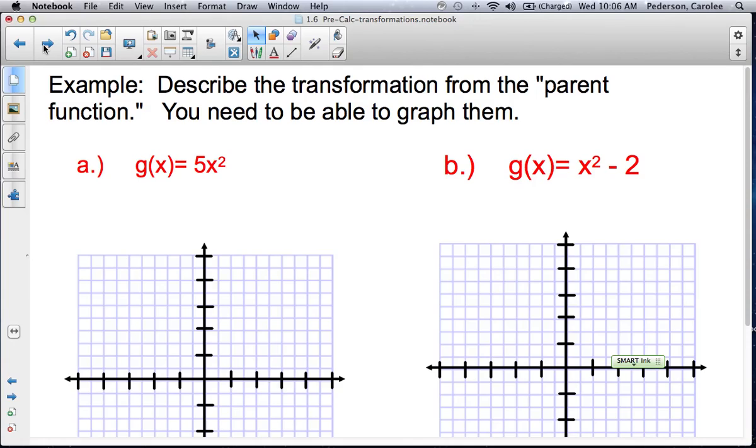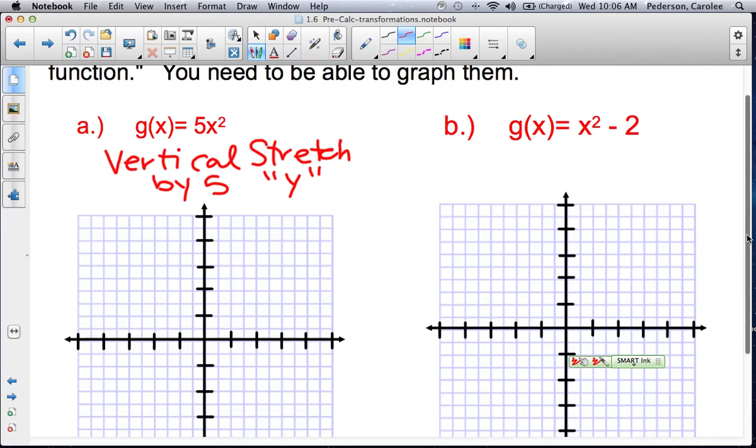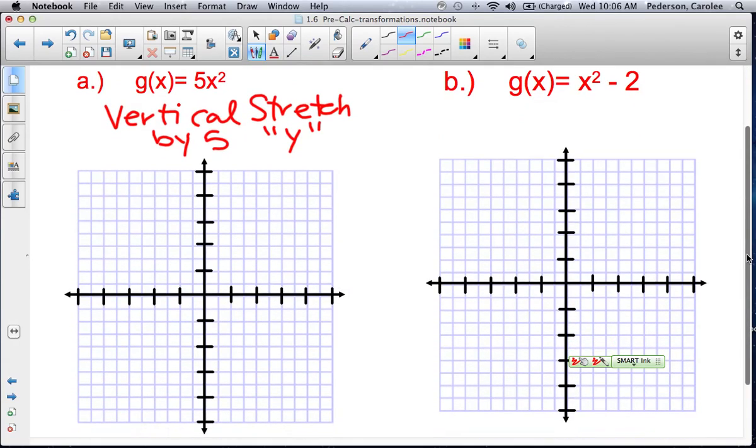And what axes will it change? What value is going to change? So vertical stretch. Again, you're not writing these down. By 5. So the y value is going to multiply by 5. So I'll just quickly graph the parent function.